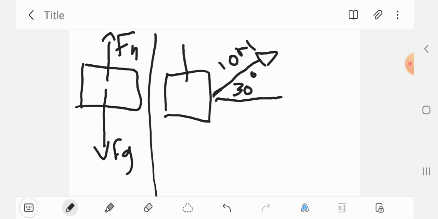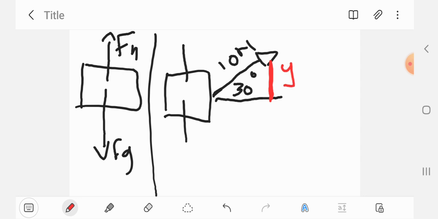Then normal force and gravitational force are not the same. Just know that they are not the same. Since they're not the same, you need to find this part here.